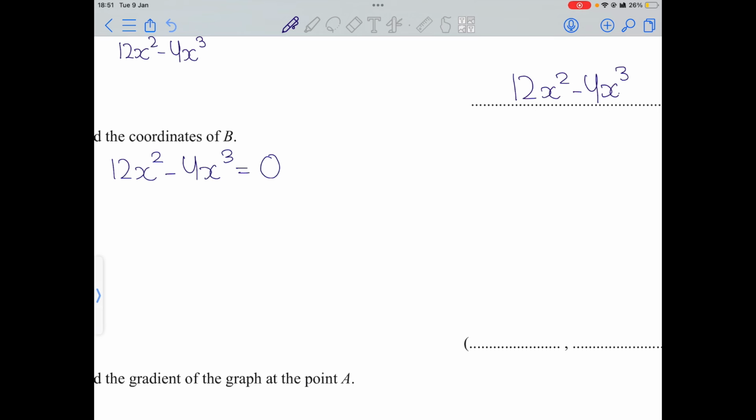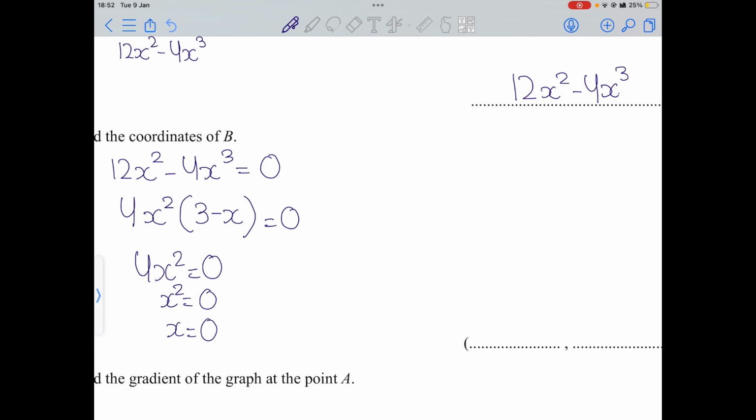So 12x squared minus 4x cubed is 0. Factorising 4x squared out: 4x squared times 3 minus x equals 0, because 4x squared into 3 is 12x squared and 4x squared into x is 4x cubed. So either 4x squared is 0, in which case x is 0, or 3 minus x is 0, so x is 3, because 3 minus 3 is 0.